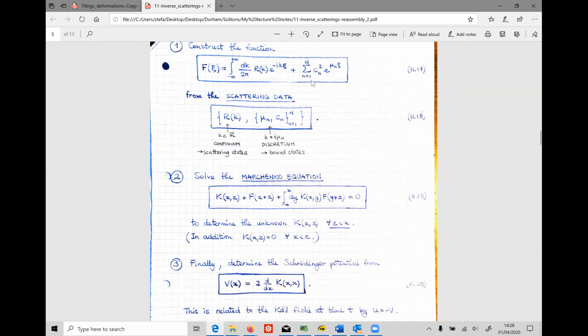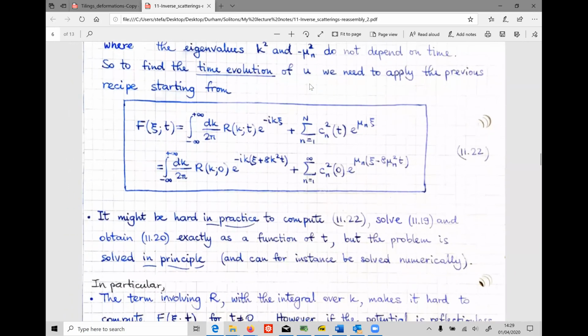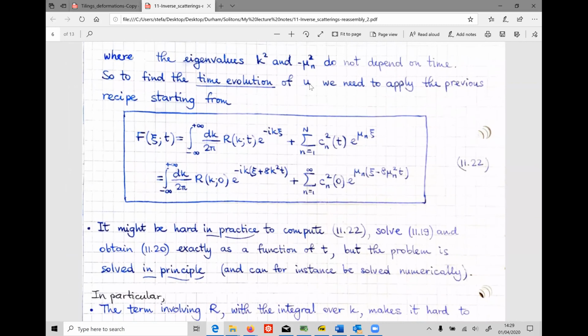I'm going to take equation 11.17 and plug in the reflection coefficient at KdV time t and the coefficient Cn at KdV time t to obtain a function F of xi at KdV time t. That's what I wrote in the first line of 11.22.